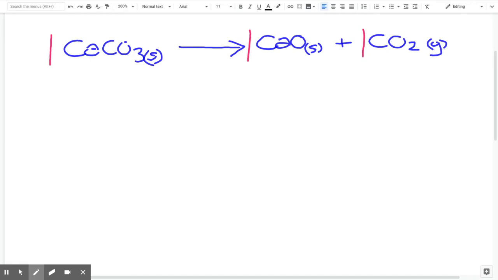But what that number one is telling us, or if it was a more complicated example, a 2 or a 3, etc., is that 1 mole of calcium carbonate, when it undergoes reaction, in this case thermal decomposition, will generate 1 mole of calcium oxide plus 1 mole of carbon dioxide from the 1 mole of calcium carbonate that we started with.